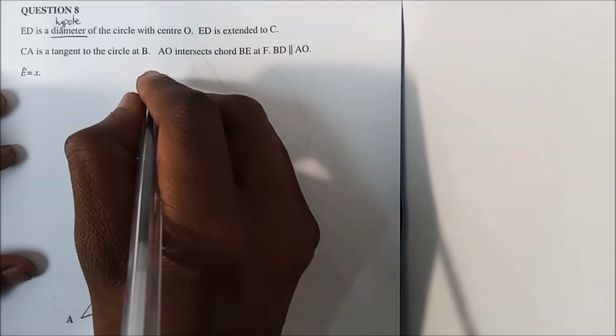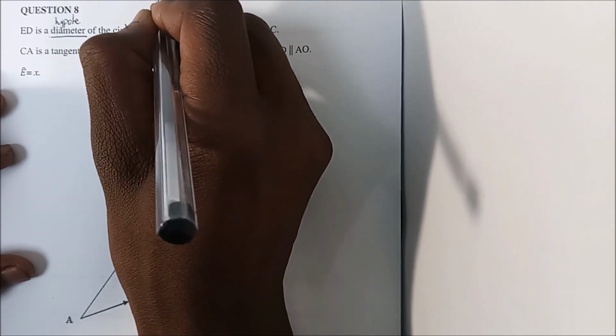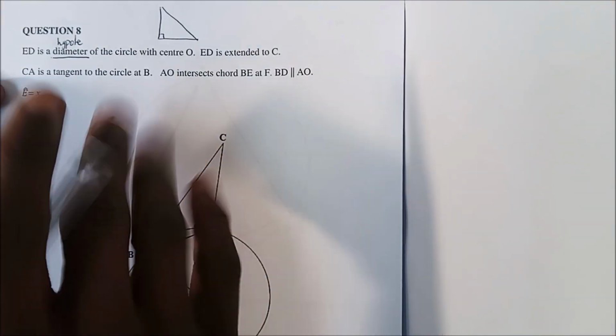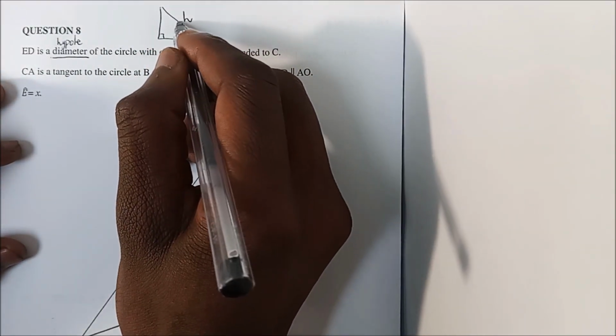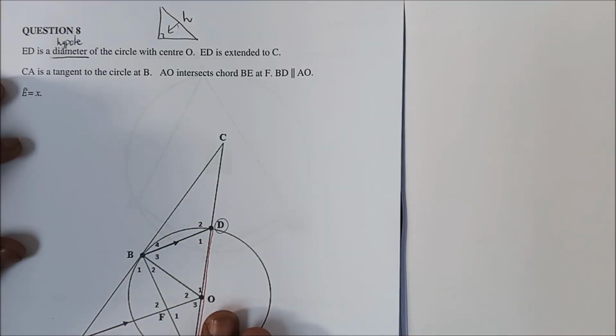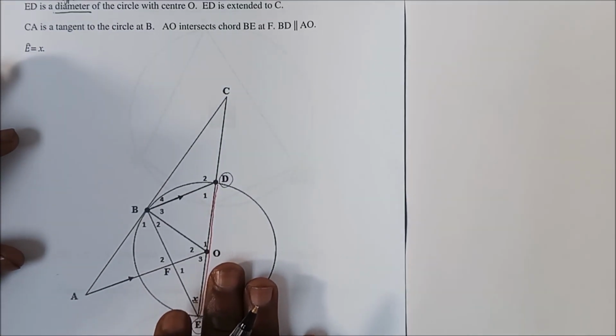So if you have this triangle here, and if this is your hypotenuse, you know that the angle that is opposite to the hypotenuse has to be 90 degrees. Now that's the same idea here.